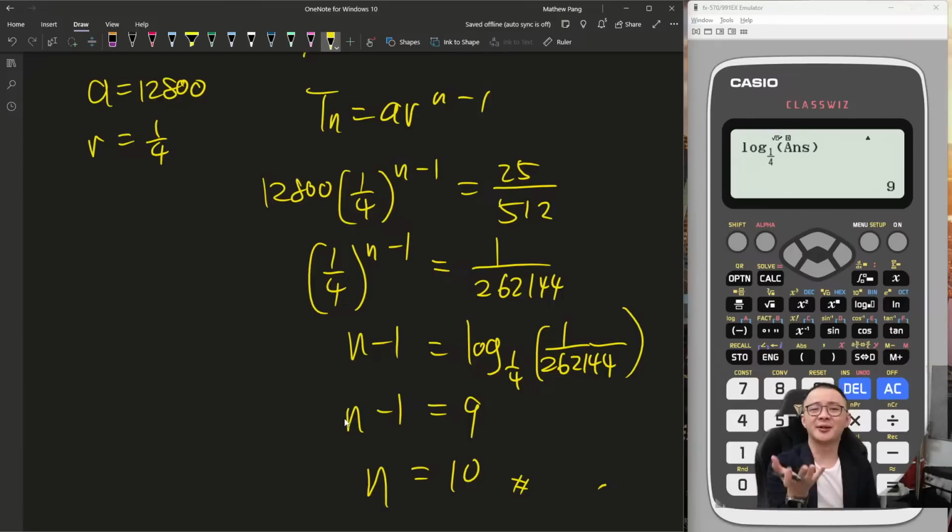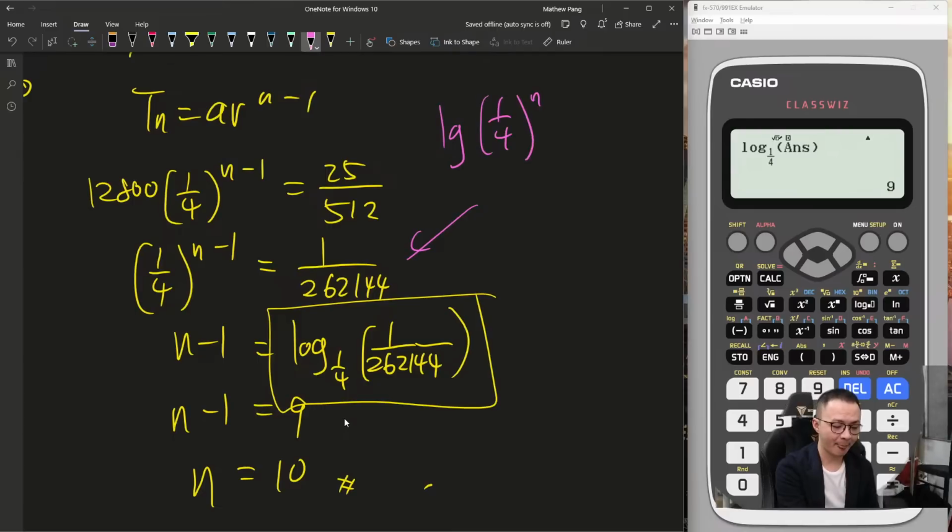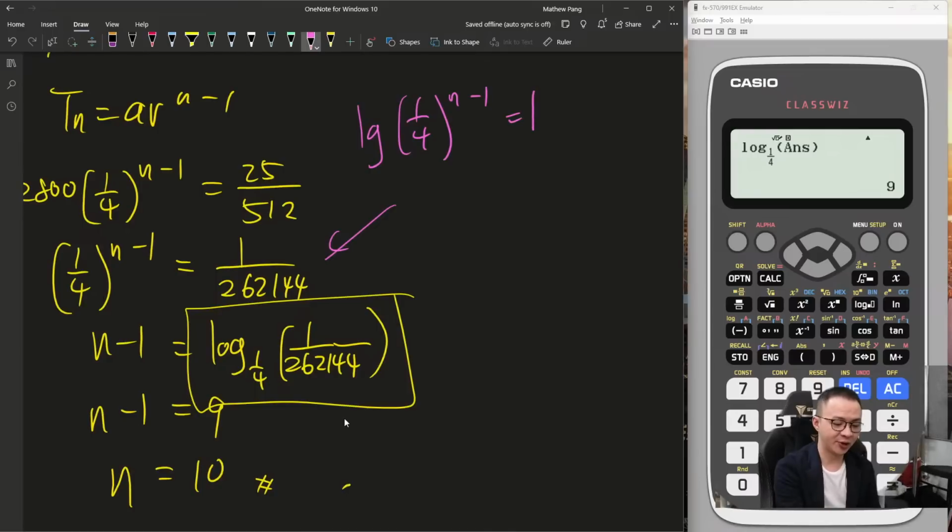If you are using the 570 MS calculator, you might not be able to type this one, so you need to do some extra steps. You add log 10 to both sides, then move the power to the front.